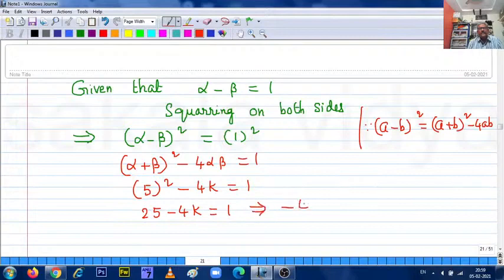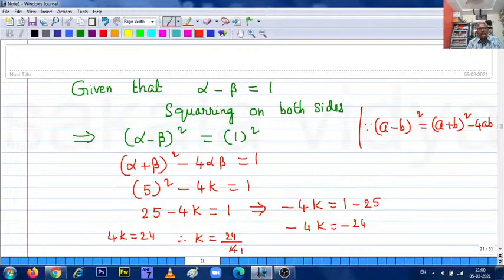So minus 4k equals 1 minus 25, so minus 4k equals minus 24. This minus minus cancels. We get 4k equals 24. Therefore, k equals 24 by 4. 4 sixes are 24. Answer is 6. So therefore, k is equal to 6. This is the answer.